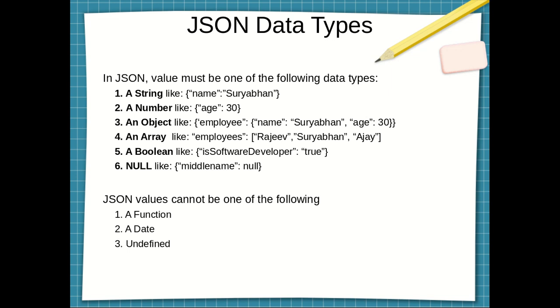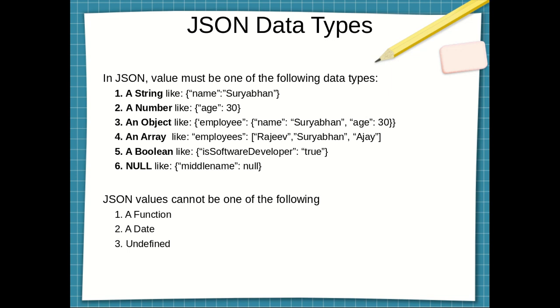An object can also contain an object, like an object of objects, like a list of employees and their details, and the object is contained inside curly brackets.